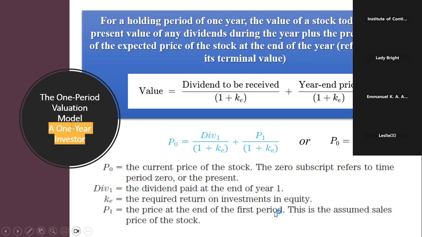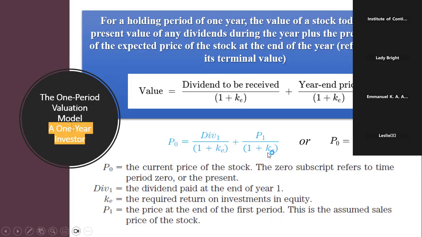That is what we estimate that investors will expect as their interest rate on the investments they have made. Okay. Plus P1, which is the price at the end of 1 year, divided by 1 plus K.